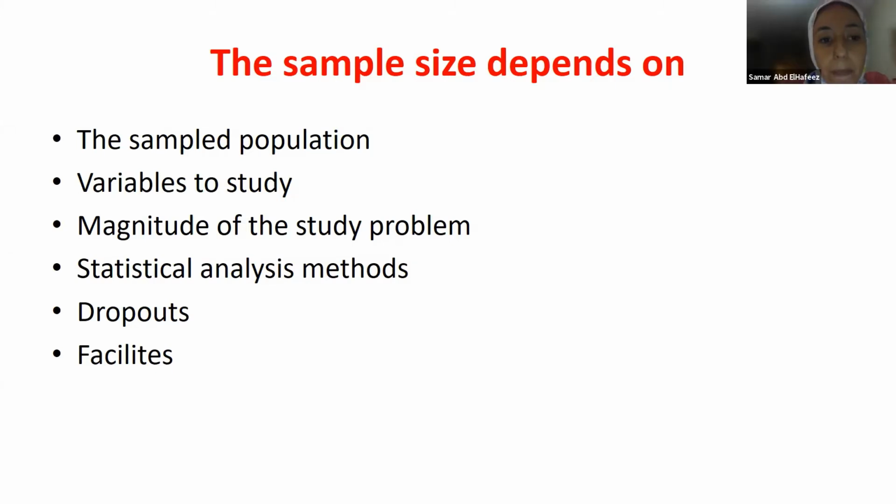Your primary variable or your primary outcome is what you want to measure. How will you summarize your data at the end?